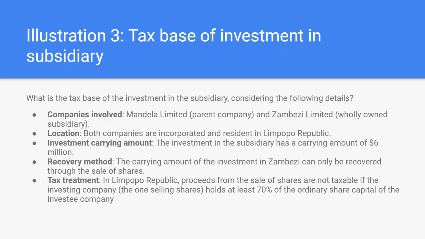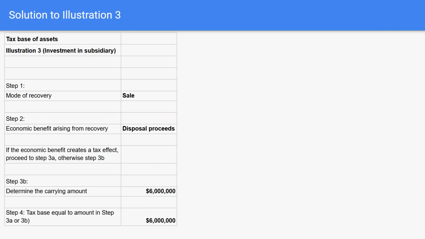In this case, if you check the first bullet point, Mandela owns 100% of Zambezi. That's what wholly owned means. So it goes above the 70% threshold, which means that the proceeds are not taxable. And because of that, we're going to go to step 3B, which is to determine the carrying amount.